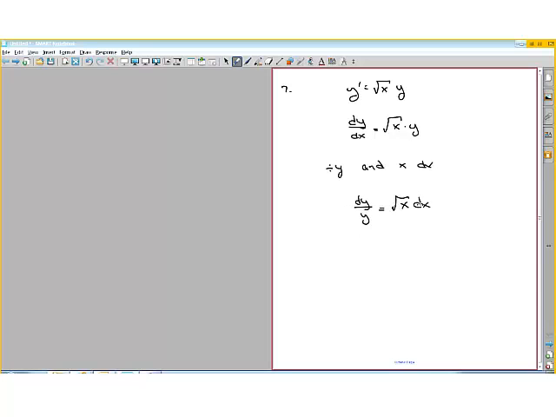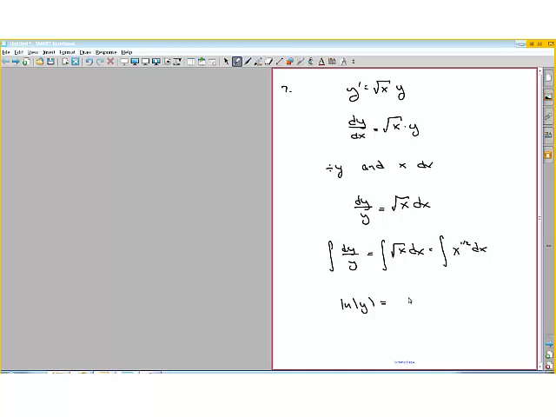So all the y stuff is over here, all the x stuff is over there, so we now integrate both sides. The integral of dy over y is the natural log of the absolute value of y. And then we integrate that, and this is the same as the integral of x to the 1/2 dx.